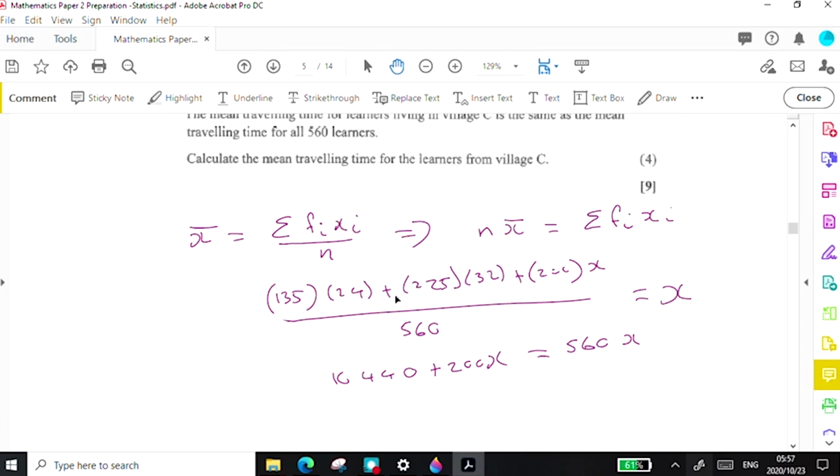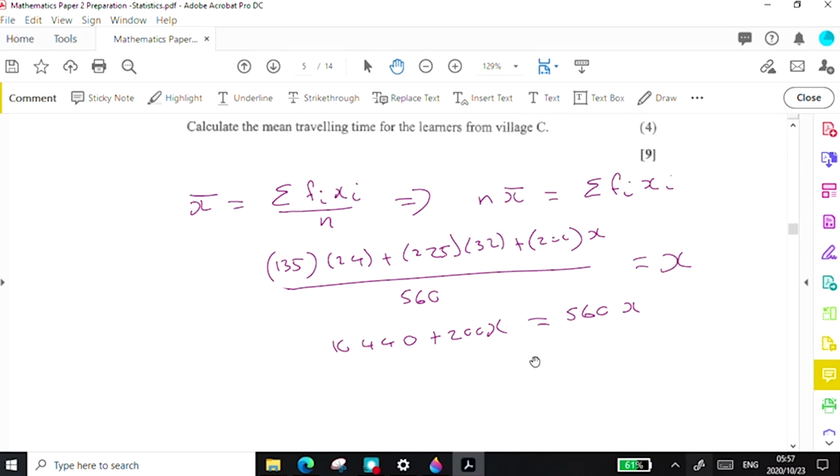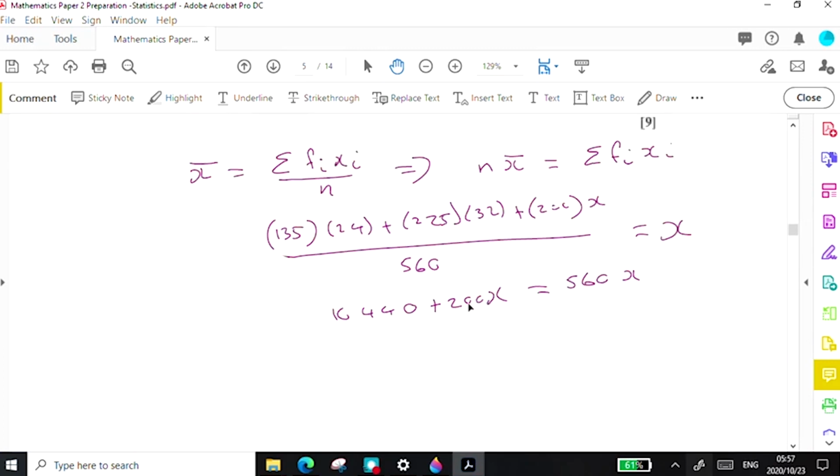So I've added these two values to get the 10,440, and I'm also adding this 200x. Grouping like terms, I'll take the 200x to the right, so we have 10,440 is equal to 560 minus 200, which is 360x.